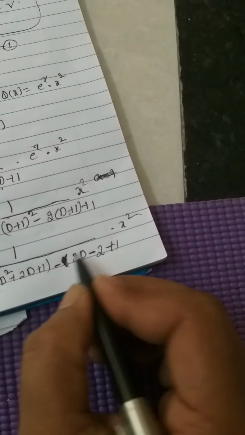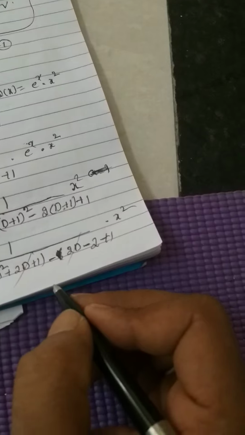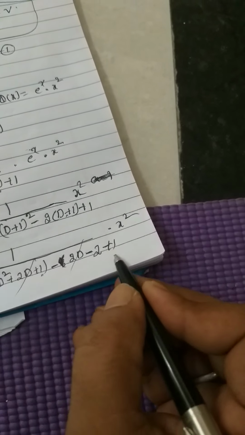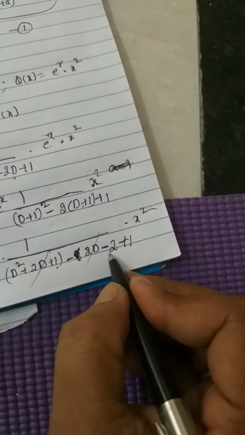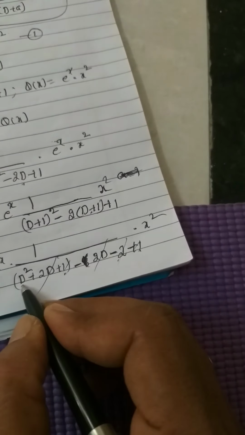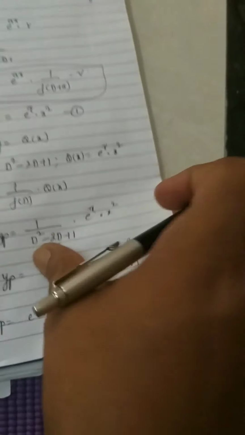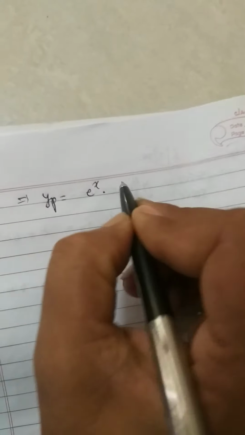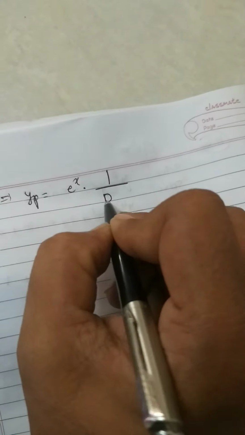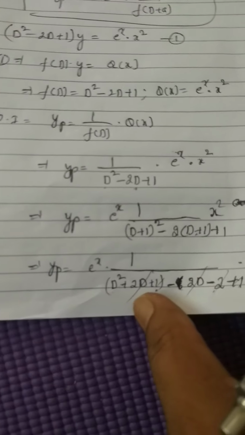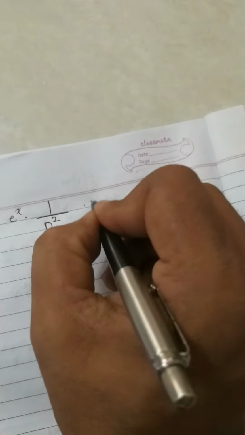Now here minus 2D gets cancelled. This is 1, this is 1, 1 plus 1 is 2, this is minus 2, these get cancelled. The remaining thing is D square only. Please concentrate, important concept. So yp is equal to e power x into 1 by D square only, into x square, the remaining thing.